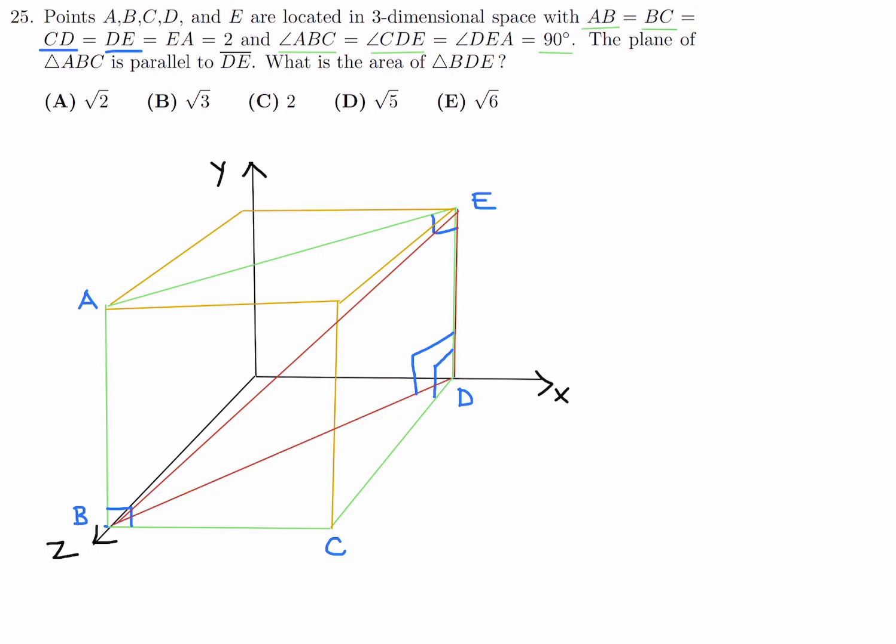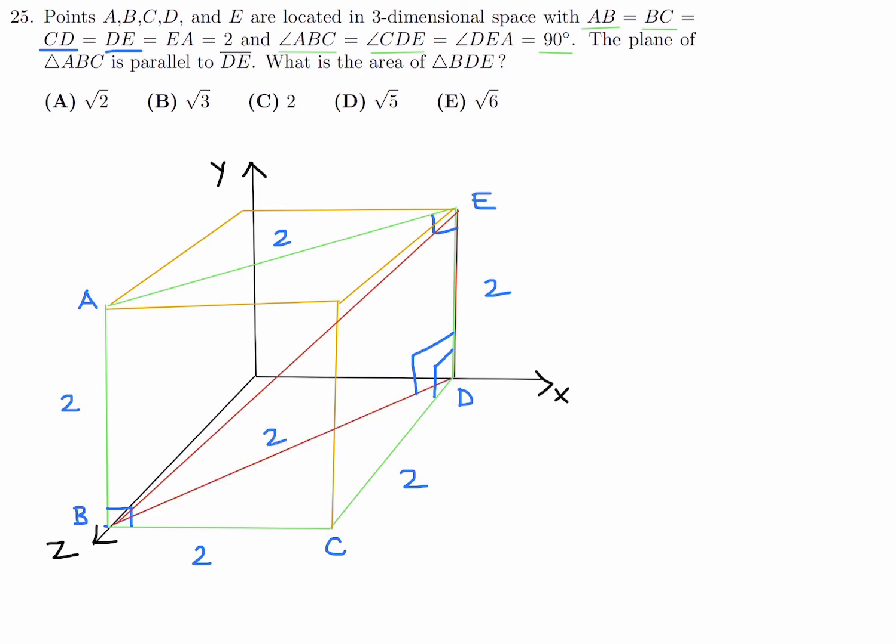Okay, so that means I need to figure out the sizes now. They tell me that AB is 2, BC is 2, CD is 2, DE is 2, and EA is 2. Now, if this line is directly above this line, the way I've drawn it, right?